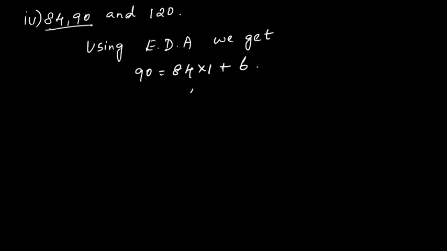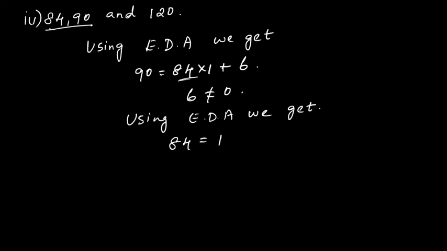So clearly the remainder value is not equal to 0. So using Euclid's division algorithm we get, so write 84 in terms of 6. So 84 is equal to 14 times 6 plus 0. So you got a remainder 0.